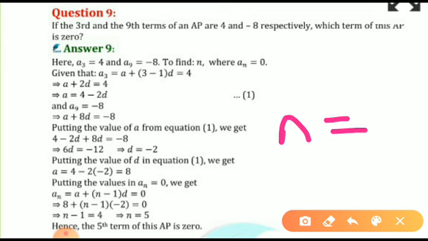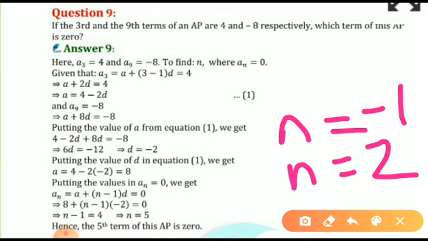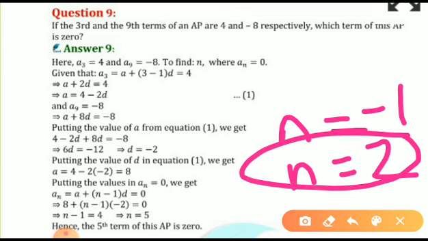Suppose I have got the value of n as minus 1 and n is equal to 2. So either n is minus 1 or n is equal to 2. But here, which value will n take? It will take only n is equal to 2. It will not take n equal to minus 1.